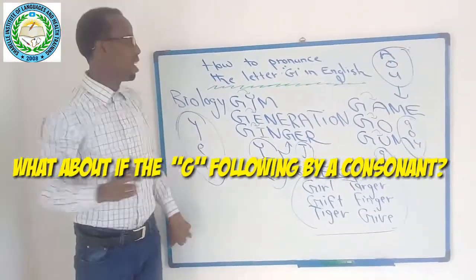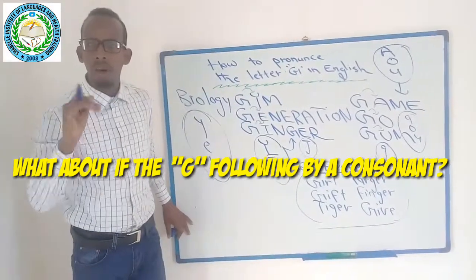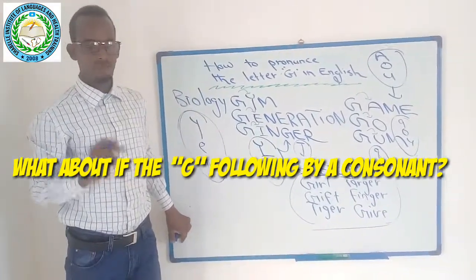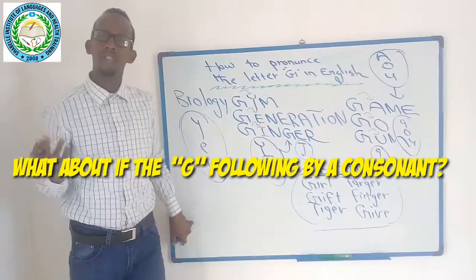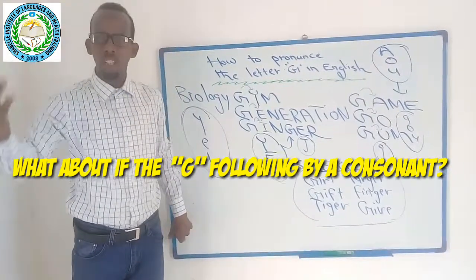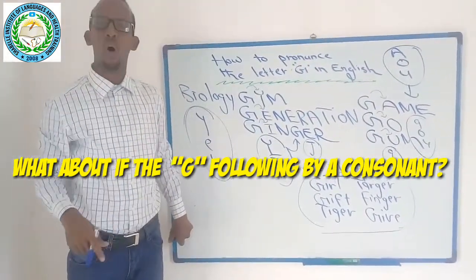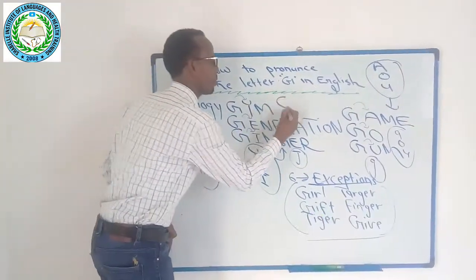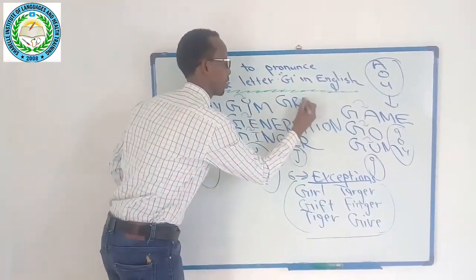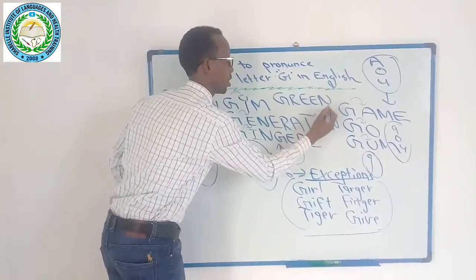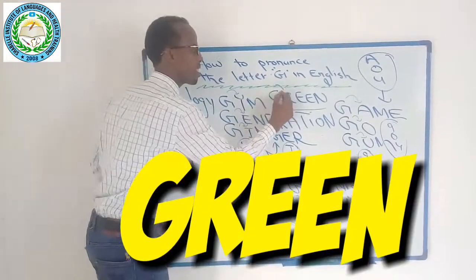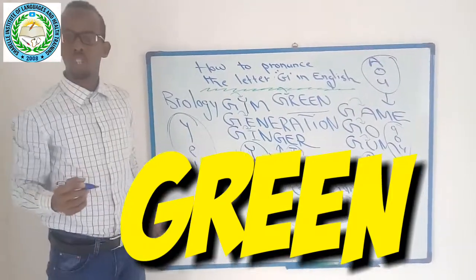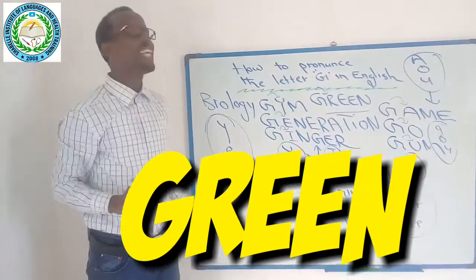What about if the G is followed by a consonant? It's also pronounced with the G sound. For example, green. G plus consonant. You don't say jreen, but it's green.